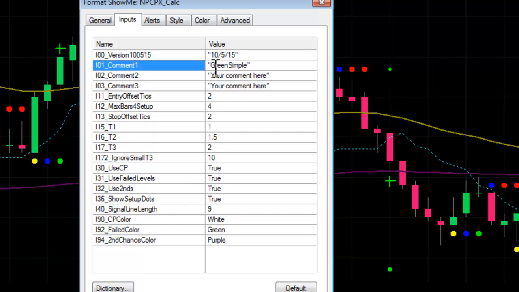The whole idea of this chart is we only want to look at the absolute simplest chart with just the green setups. So we're only going to have one target, and we'll make it 1.5. And we're not going to look at white trades or purple trades.